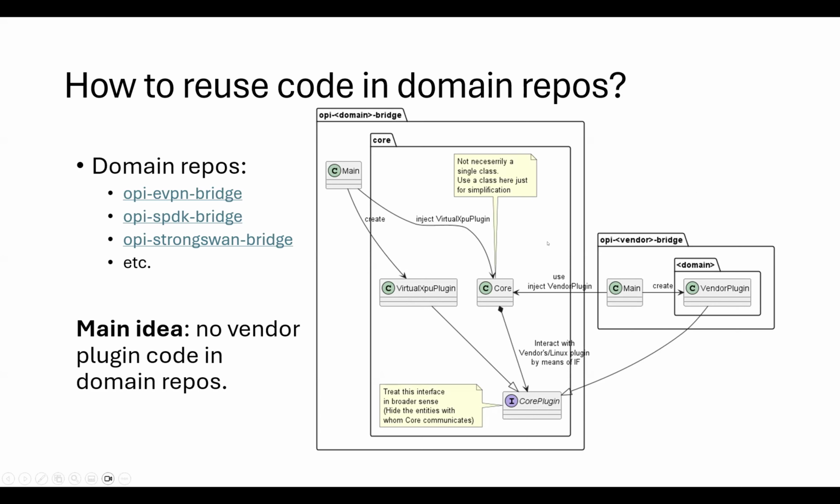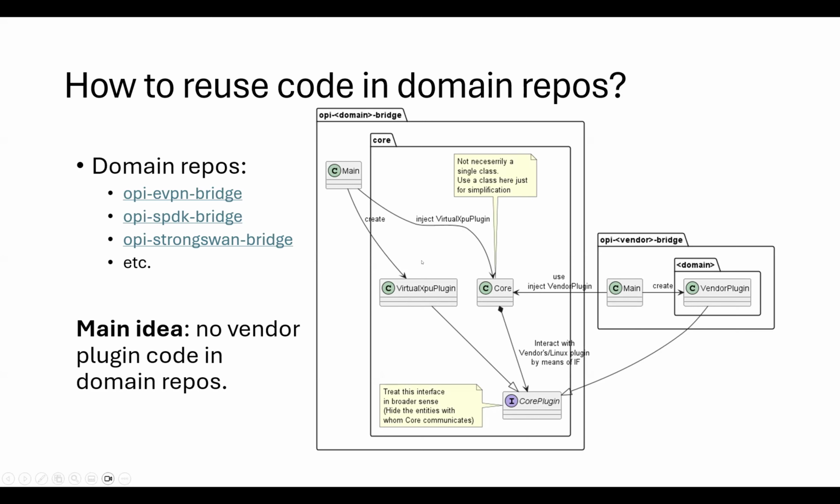Let's take a look at the diagram. Here we have domain bridge with some core package. Inside core we have, let's say, not one class but many classes. I just drew one for simplicity. And we have an interface to implement that plugin. As you can see, we have two classes which implement that plugin.